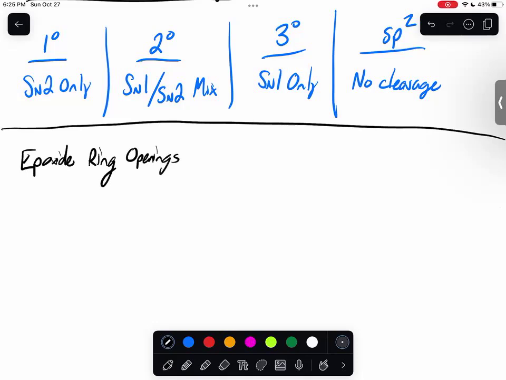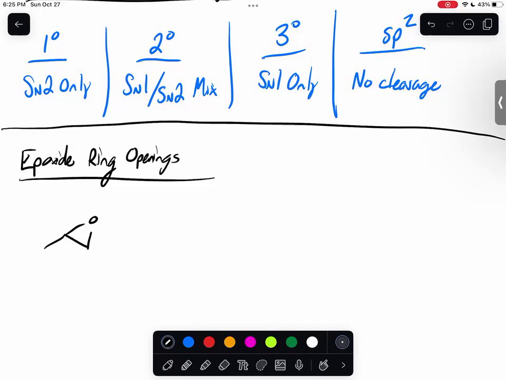So these ring openings are really interesting because last time we were talking about the formation of rings. Now we're going to talk about the opposite, which is breaking rings. The way this sort of reaction works is you can imagine we take something like this epoxide here, which, if you remember your functional group handout, is just a three-membered ring with an oxygen in it.